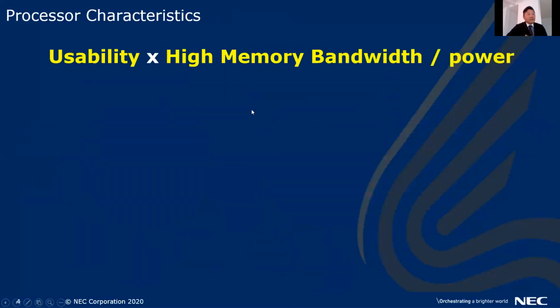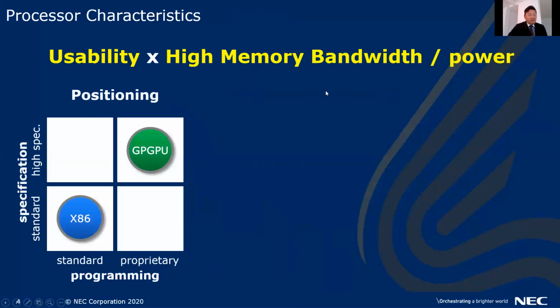Then, on the second page, I'd like to show you the processor characteristics. Our processor provides high usability and high memory bandwidth per power consumption. The first figure shows the positioning of each processor.